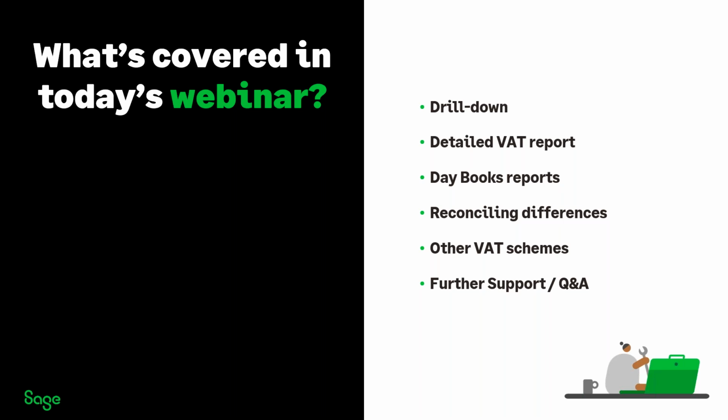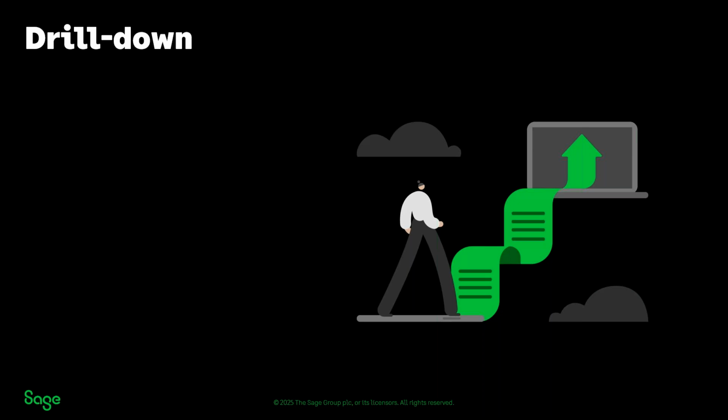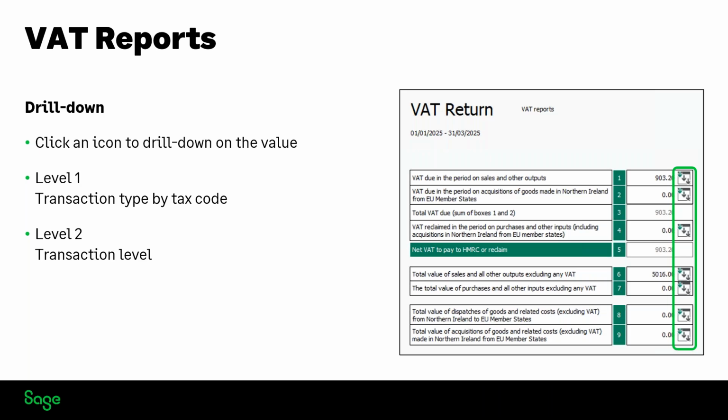Right, let's start with drill down then. Now, drill down is one of those options that a lot of people don't realize is there. When you calculate your VAT return, so when you're on that step 2 of the VAT return itself, and it shows you the VAT return figures that are being calculated, you've got icons next to the various values.